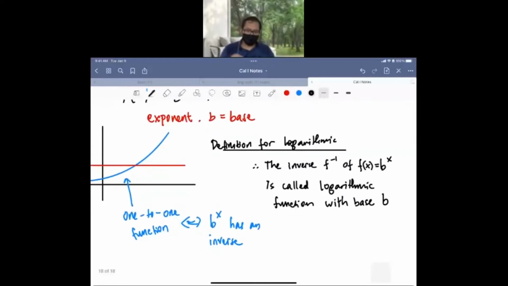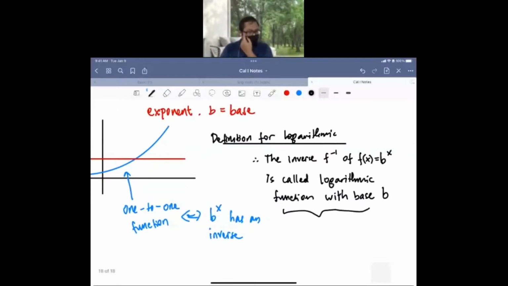And we denote this by writing log with base b, writing b as a subscript.